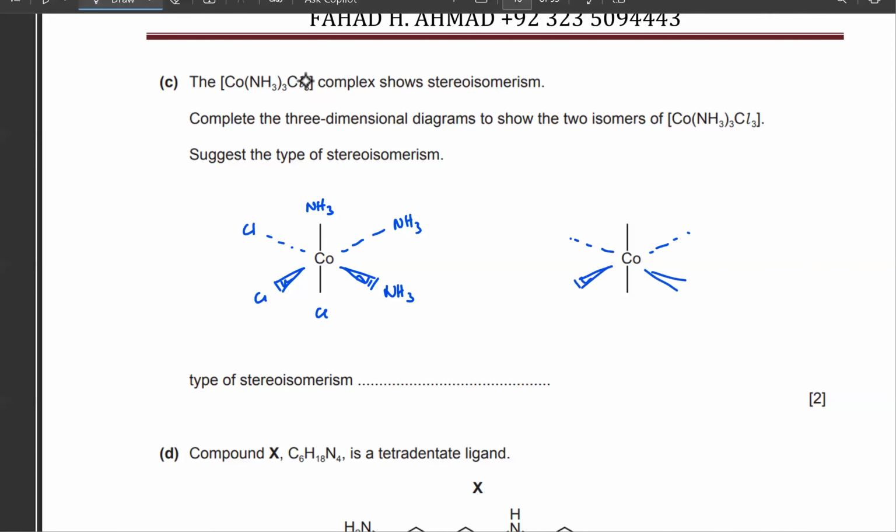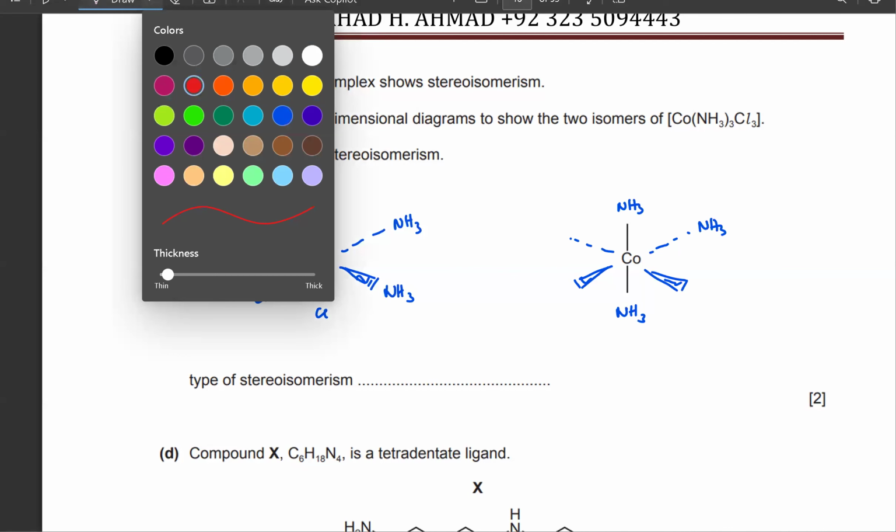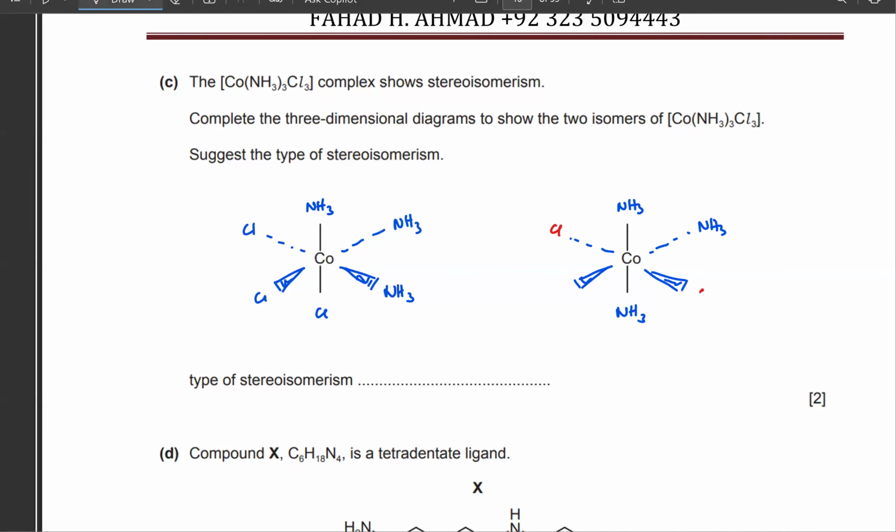The only difference now would be that the NH3s will not be together. Two of the NH3s will be making an angle of 180 degrees, while the Cls will also not be together. The Cls will be on opposite sides. Is this clear? And that's geometric, right? Is that clear?